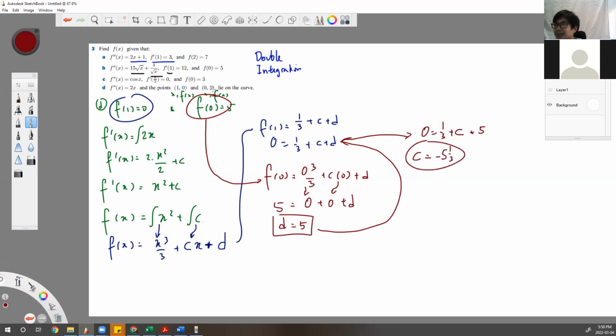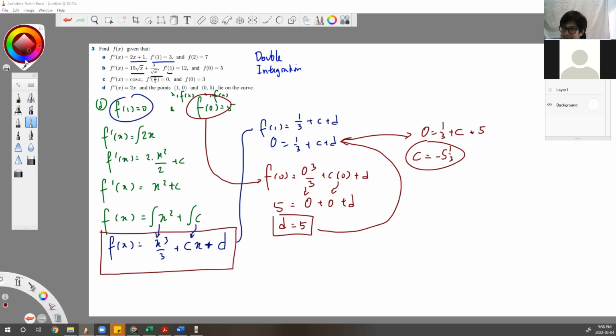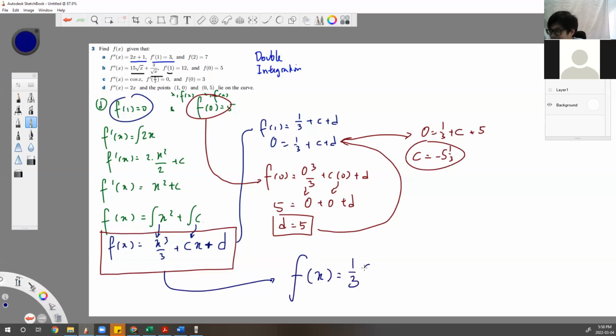So what is f(x)? Back to the original, with the help of c and d that we already got. f(x) will equal 1 over 3 x cubed minus 5 and 1 over 3 x plus 5, because c is negative 5 and 1 over 3.